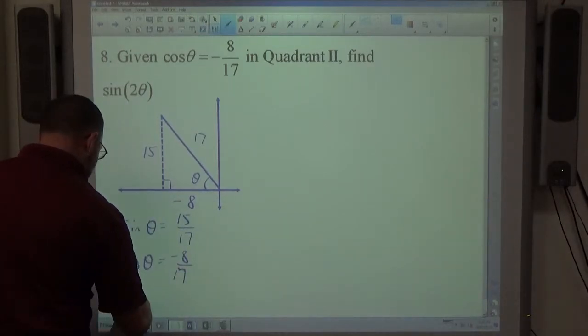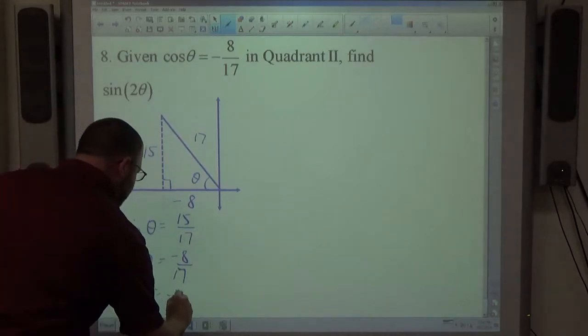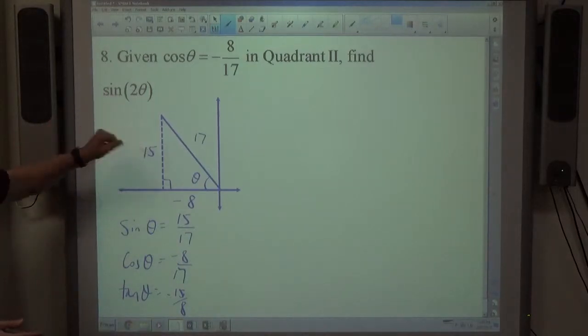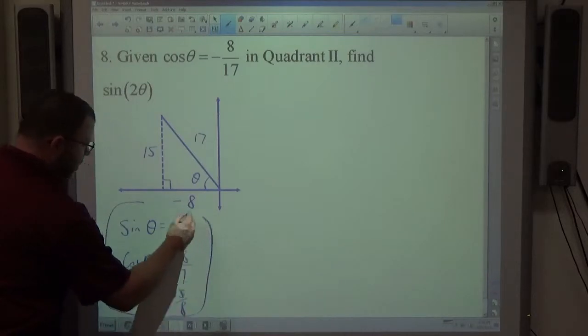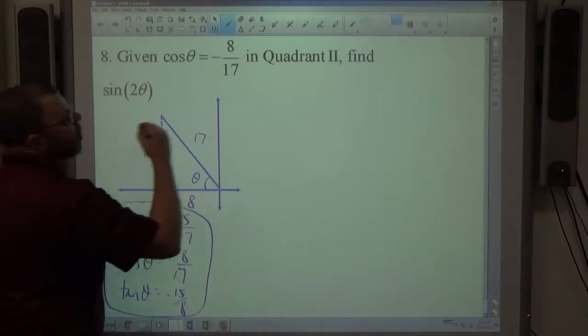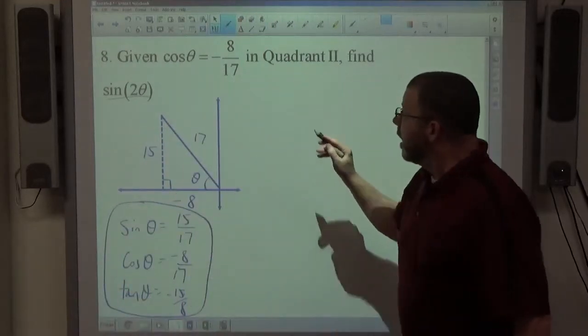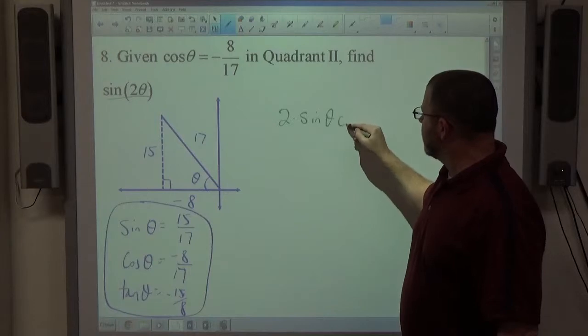And the tangent of theta is opposite over adjacent, that'd be negative 15/8. So just like that, once again, I've got this drawn properly. I can find sine, cosine, and tangent of my angle. All this information here is going to help me find what they're asking me to find, which in this case is sine of 2 theta. Sine of 2 theta is 2 times sine of theta times cosine of theta.